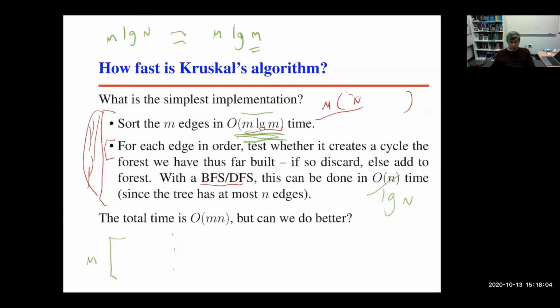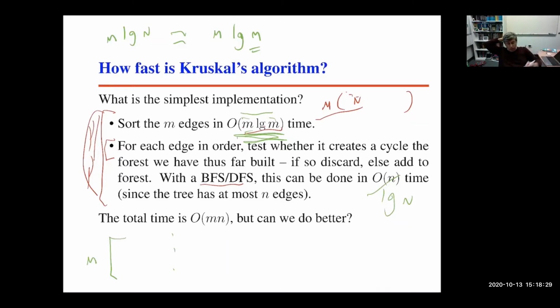Sorting takes m log m time, we think, because we've got m edges, right? But what do we know about m? How does m and n relate to each other? Is there any big O relationship between m and n?